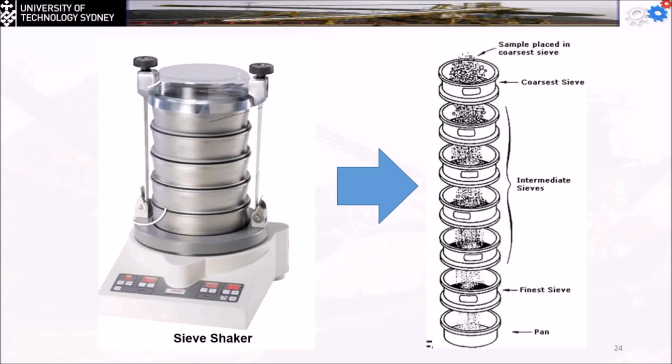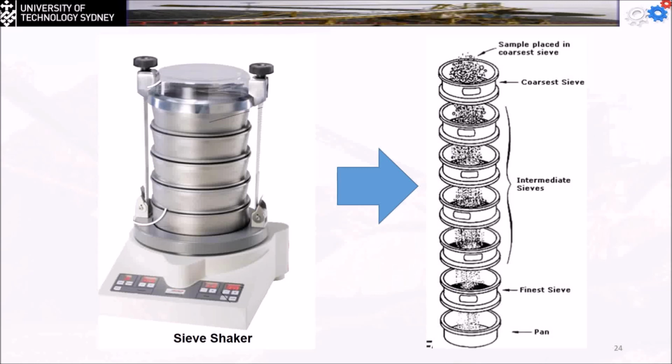How much mass does this one hold? How much mass does this one hold? When you add them all, it should be 100%. So you can tell from the percentage what the size of the material particles is, and you can sketch a diagram, and you can find something from that.